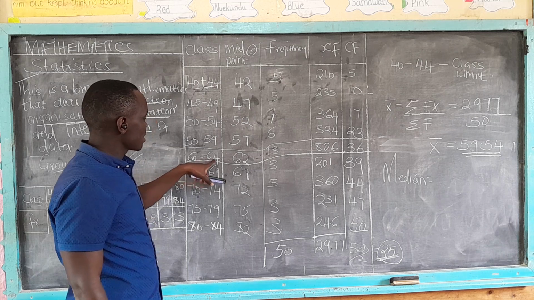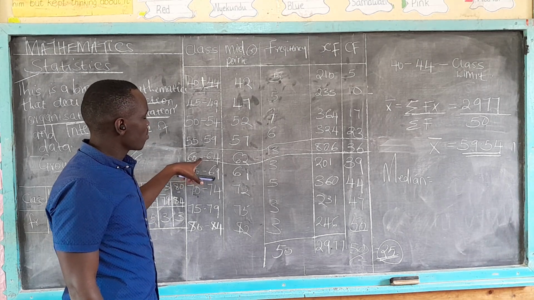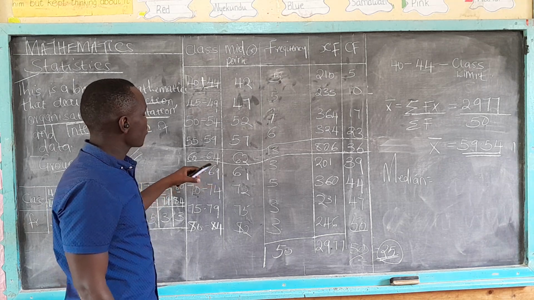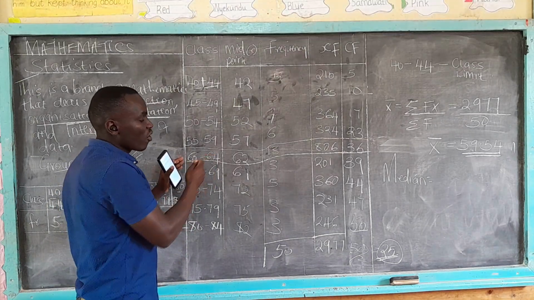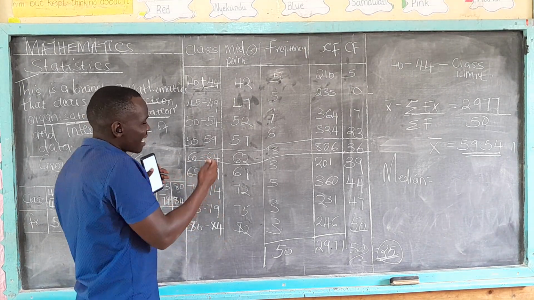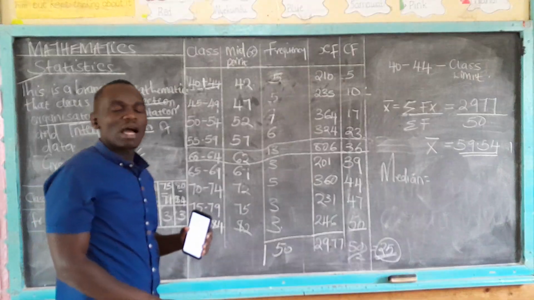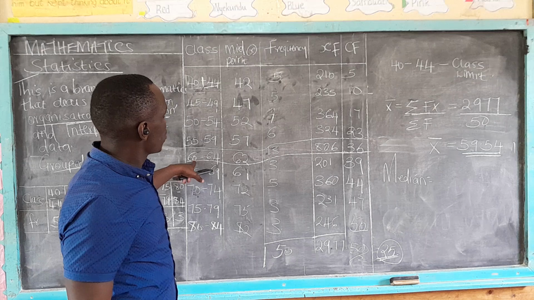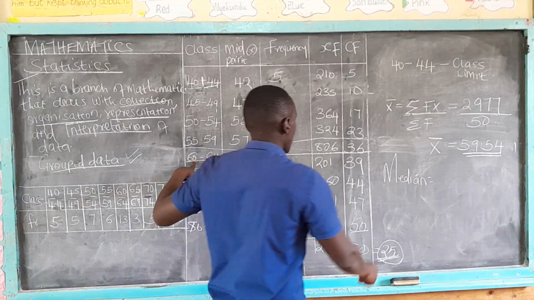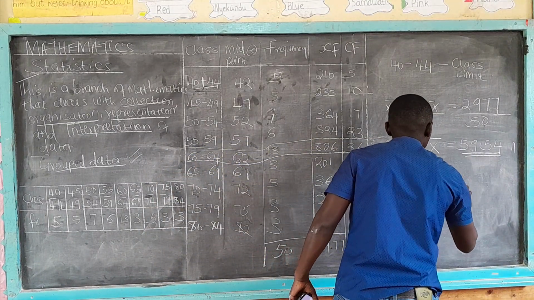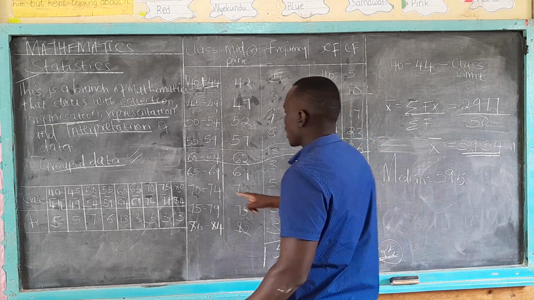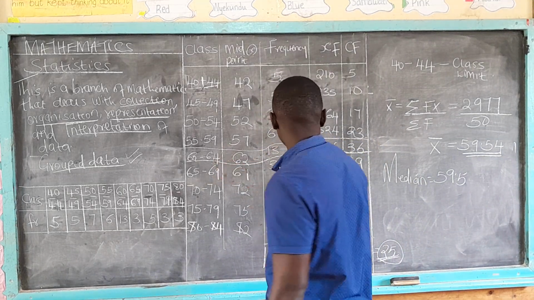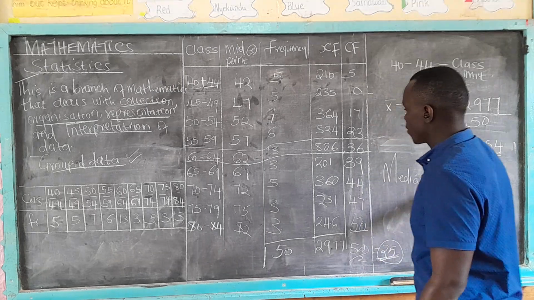Remember, we have the class limit of 60 to 64. But down there we have the class boundary, where the lower class boundary of this class is 59.5, and the upper class boundary is 64.5.